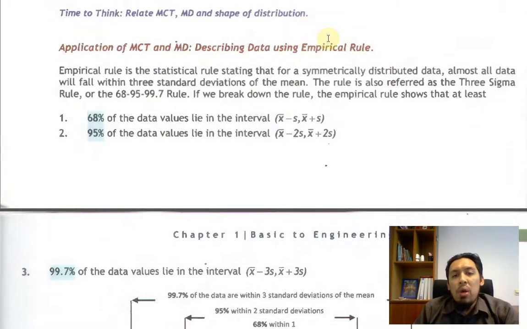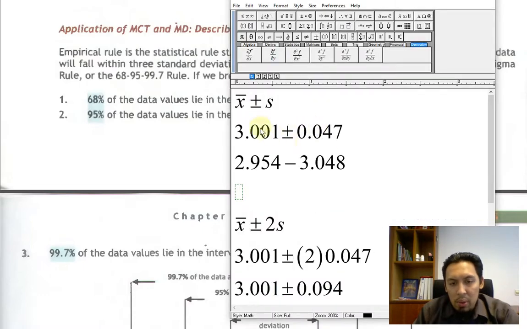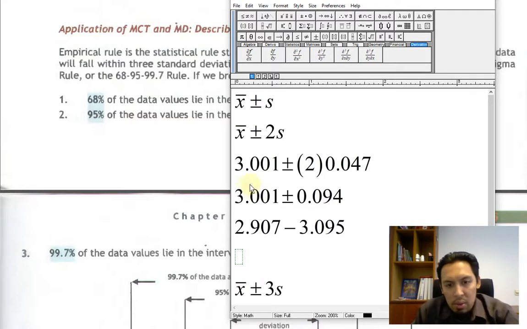So now we are talking about one of the rules of thumb that we can use in describing data, which is empirical rule. Empirical rule will use the MCT and MD, the one we have discussed before, which is this formula.